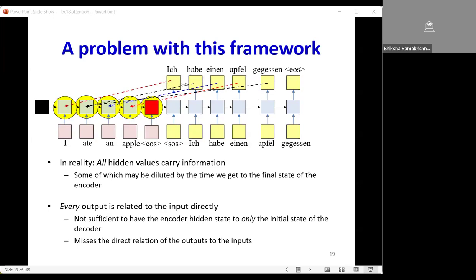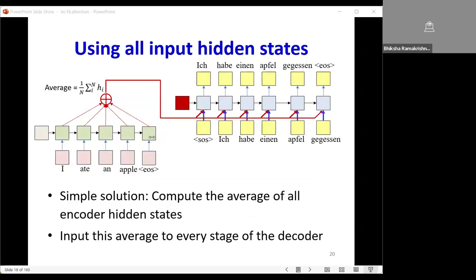Now, how do I make sure that habe actually refers to ate more than it refers to apple? One way to make sure that every one of these things is represented when it's being fed to the decoder is to just take all of these vectors and average them and pass this average to every decoder step.